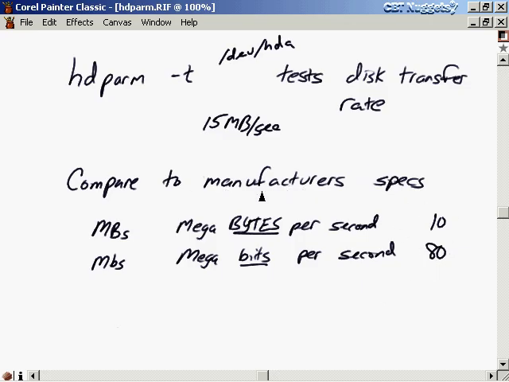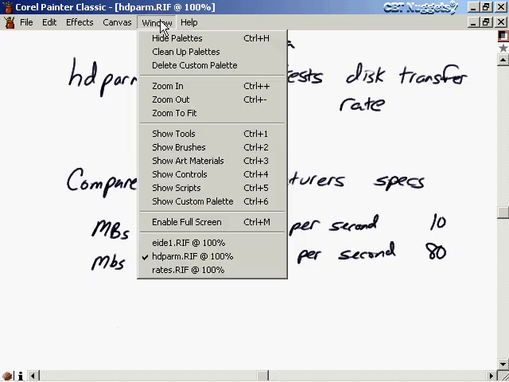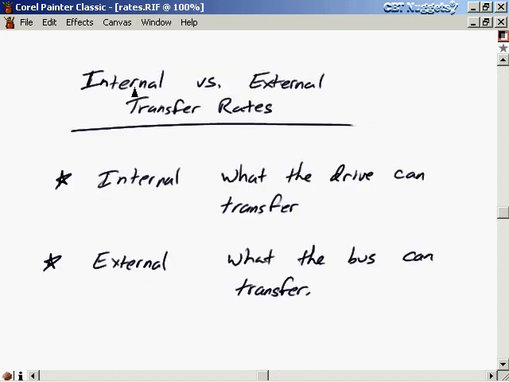Another thing you have to worry about with manufacturer specifications is whether they're advertising internal or external transfer rates. Now, internal transfer rates are what the drive can transfer, and external transfer rates are what the bus can transfer. So here's your hard disk, and it's hooked up by this bus to your motherboard, and it's plugged into your motherboard, and it's transferring data across the bus.